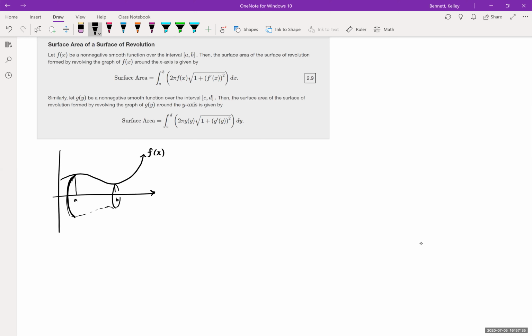It's infinitely thin. So it's just surface area, not volume at all.